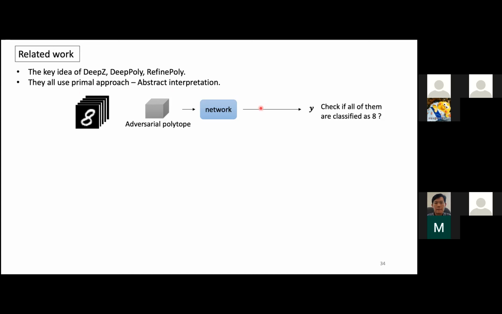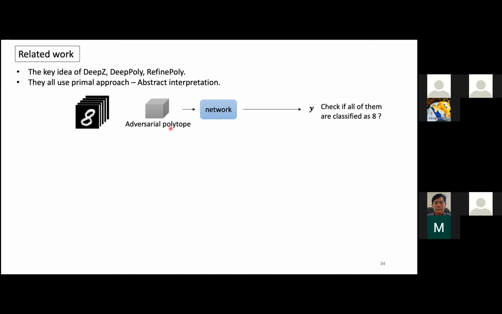Originally, if we want to verify this network, the first thing we do is prepare the adversarial polytope, and then feed it to the network to get the output polytope. Then we check that the output polytope formed by Y is all classified as A, because here we feed the image of an 8.